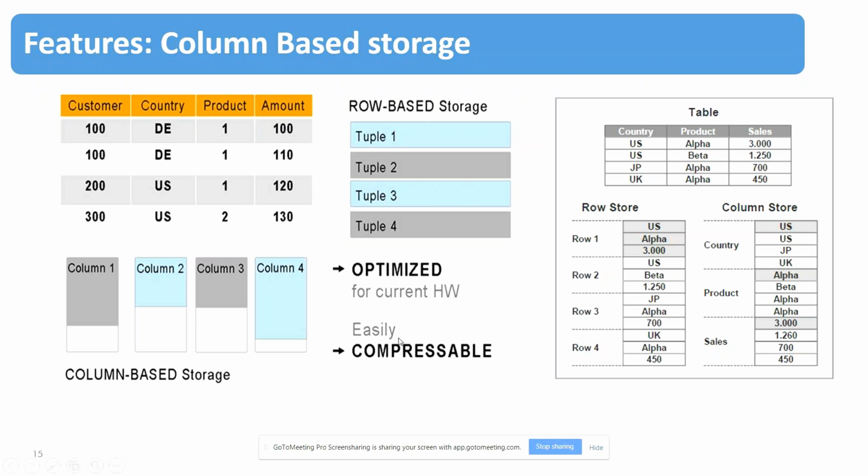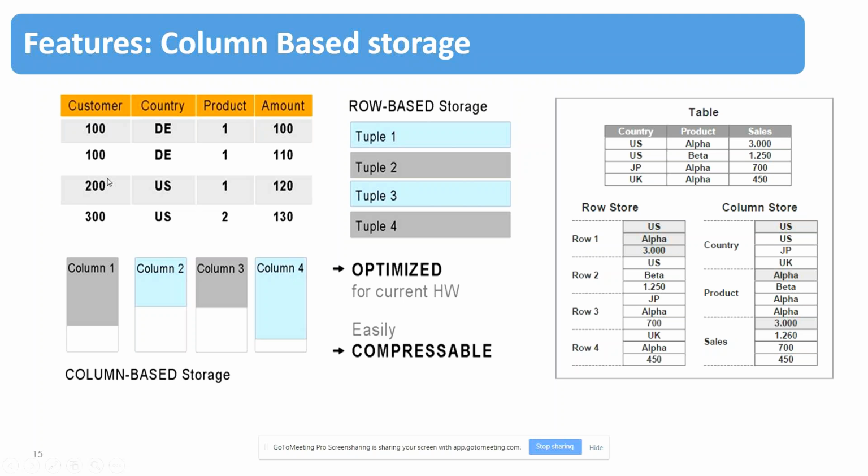So if you store the same kind of information in the same place, you can optimize the current hardware. For example, I have customer, which has 100, 200, 300. The data type is integer. Let us assume it takes 4 bytes. What happens when the same data type is placed in the same place within the database?